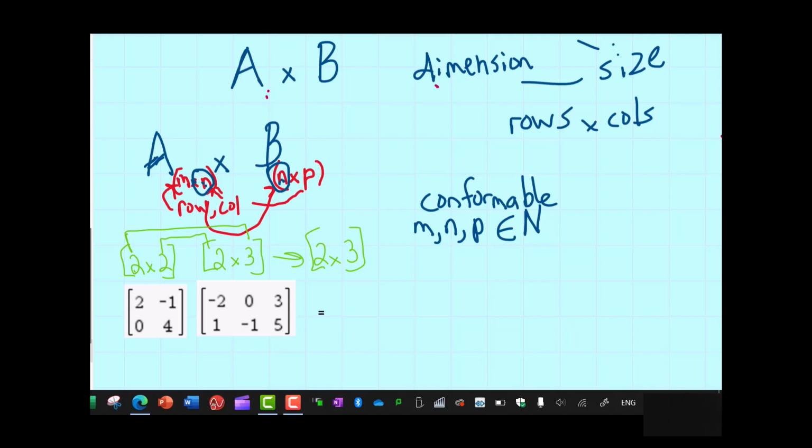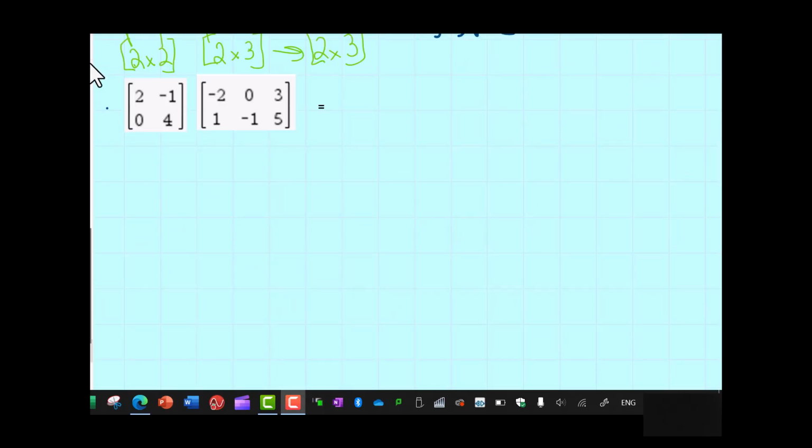So let's have a look. The algorithm that we need to use for matrix multiplication is, in the first instance, we think about the 2 by 3 matrix that we're going to get. I'm going to leave plenty of space there for the working. As we go along, row 1 of the first matrix will go down column 1 of the second matrix.